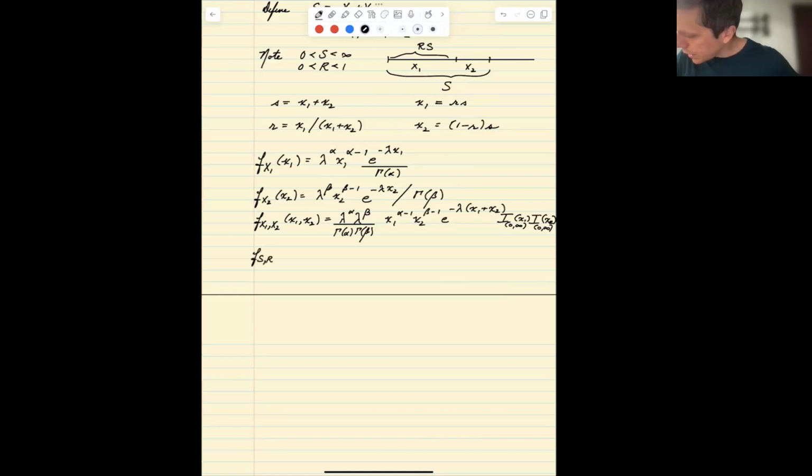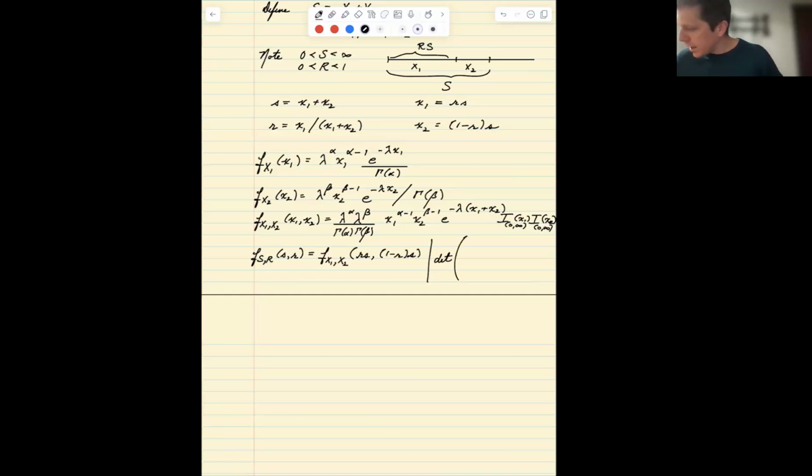Okay. So from this, we derive f of S, R, which has to be f of x1, x2 evaluated at the quantities x1, x2 in terms of S and R, right? So it's RS and 1 minus R times S plugged in, times the determinant.